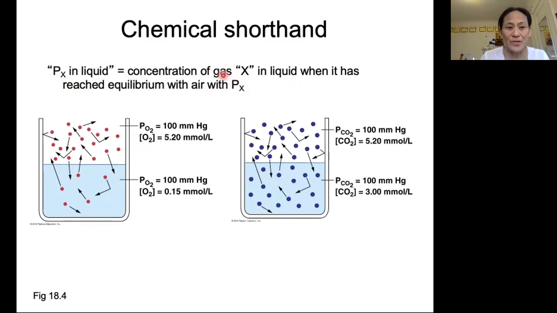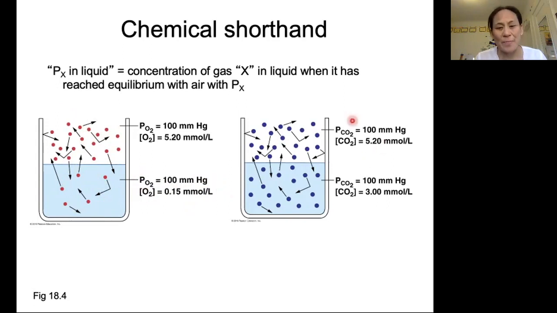To illustrate that, here we have a partial pressure of oxygen of 100 millimeters of mercury. It has reached equilibrium with the water. So we have this concentration of O2, 0.15 millimoles per liter, but we also call that a partial pressure of oxygen of 100 millimeters of mercury. So the partial pressure of oxygen is 100 millimeters of mercury here, and it is also equal to 100 millimeters of mercury here.